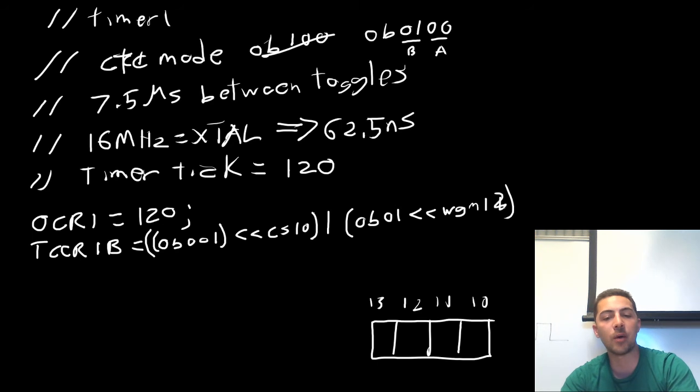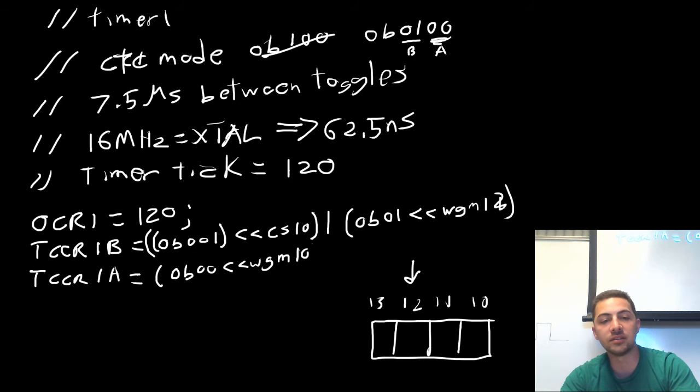That should be shifted over by 1 2. WGM 1 2 is this position. Next, TCCR 1A, that's just those 2 bits. 0B00, that's this part here, shifted left by WGM 1 0.